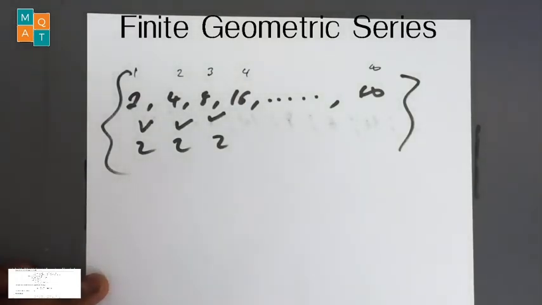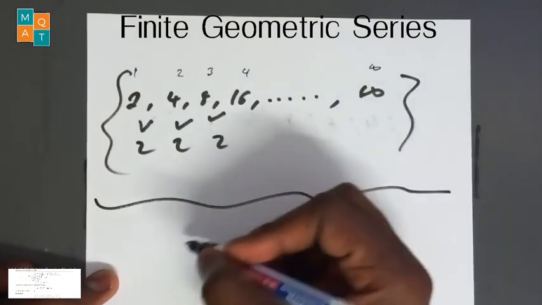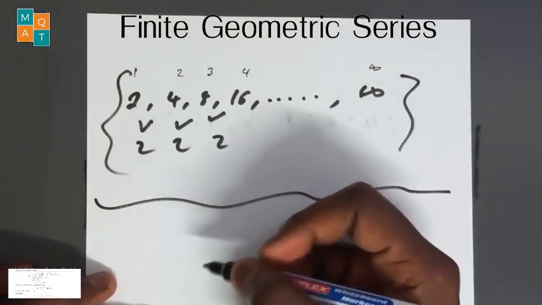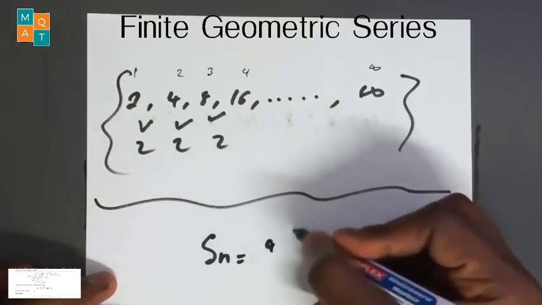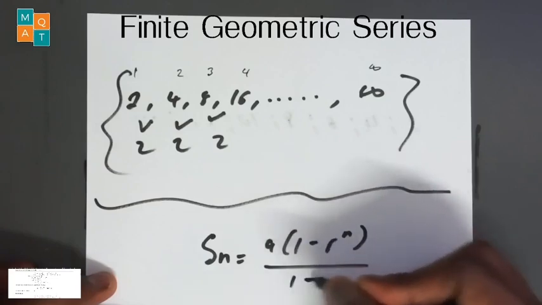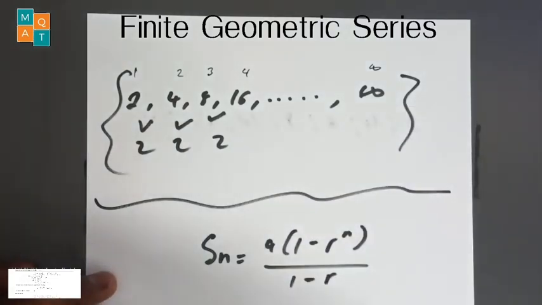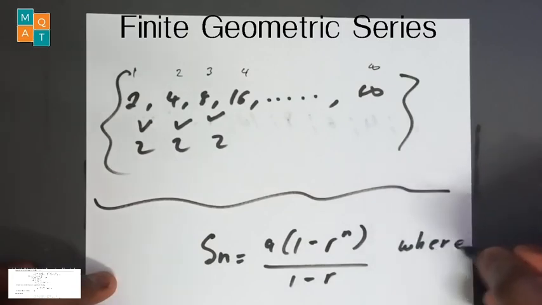How do you find the sum of a geometric series? Just to get straight to the point, the equation that defines a geometric sum is Sn equals a times (1 minus r^n) divided by (1 minus r). Now, here we have a condition: r is not equal to 1.